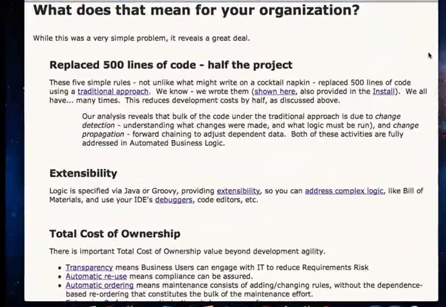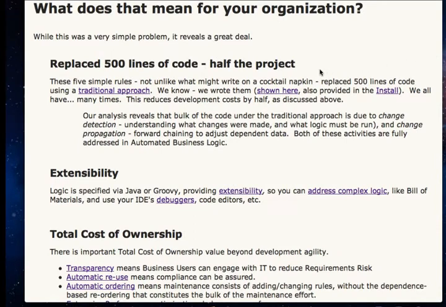This has important implications for your business. First of all, agility. We built this application two ways. We built it with automated business logic, and we built it with the traditional approach. In the traditional approach, there were literally 500 lines of code that we replaced with the 5 rules that you saw. That's saving about half of your project.